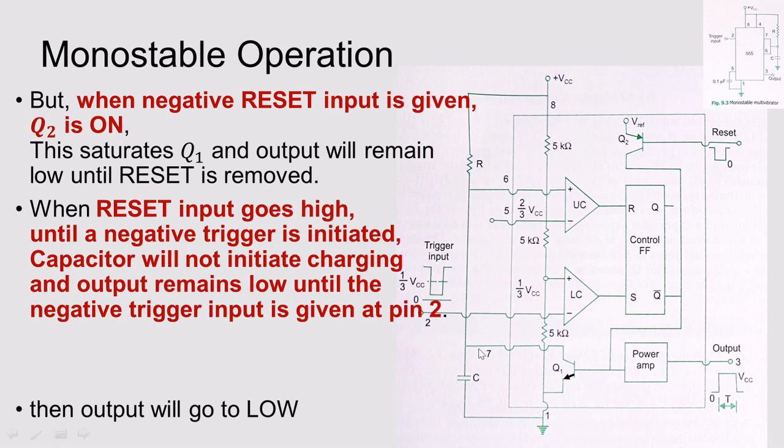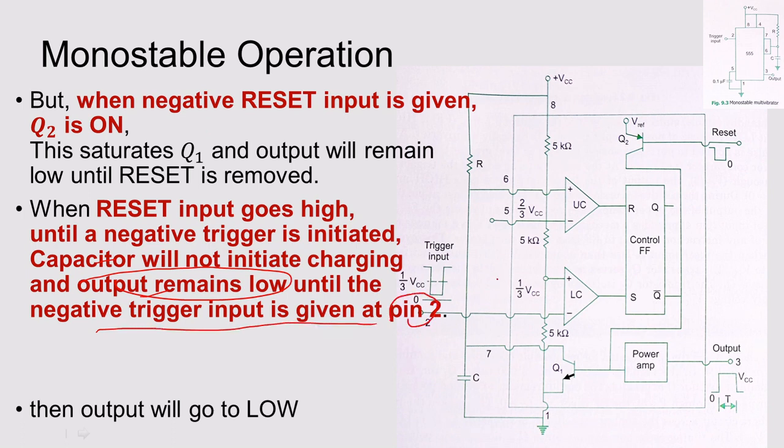Then it will be in the stable state. It changes from the higher state to the zero state, and until it gets the next triggering input, it will not change. The output remains low, that is a very important point to understand. The output remains low until the next trigger input is given to pin 2.